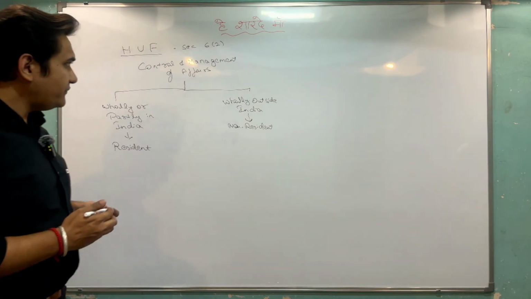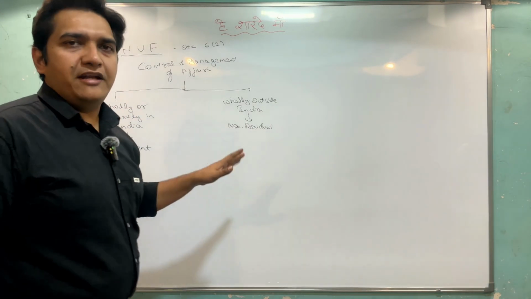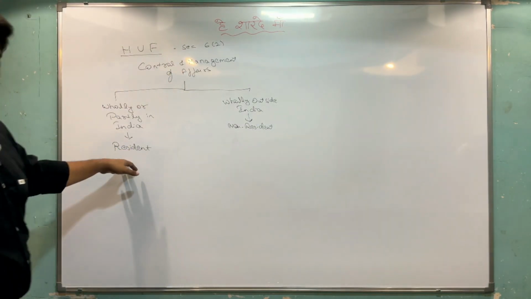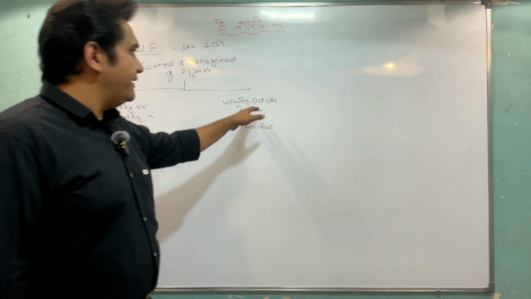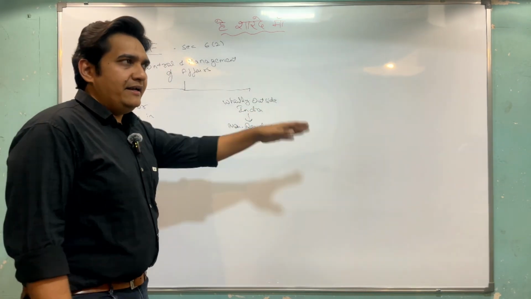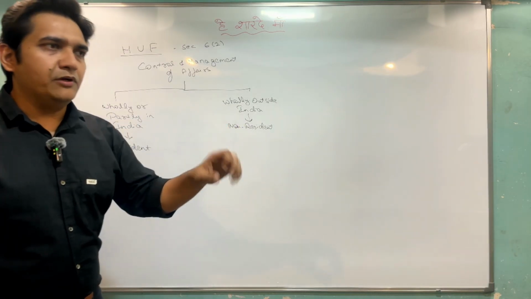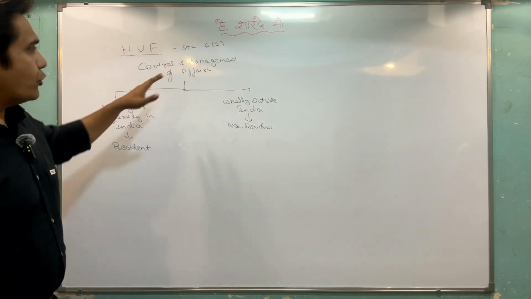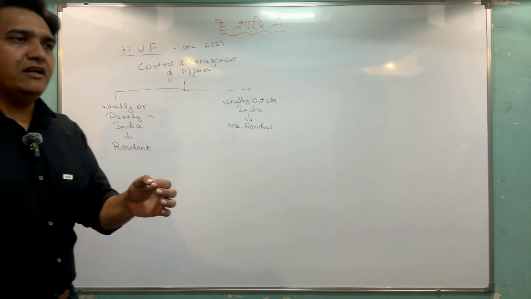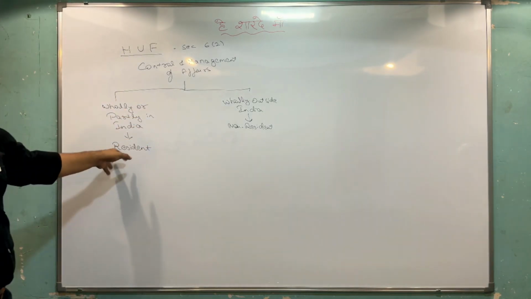Right? So, two conditions here. Remember this: even if it is partly outside India and partly within India, no matter the percentage or proportion of control and management handled in India, it would be resident. Even if 1% of the control and management is in India, it would be a resident.